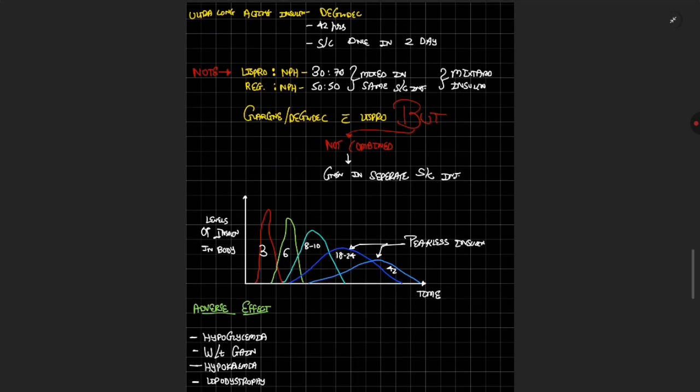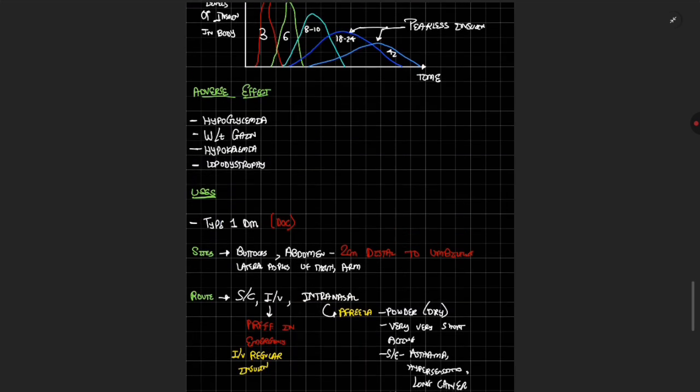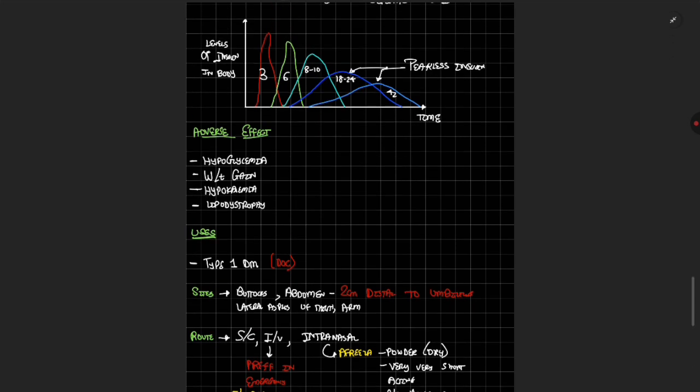We saw the fixed dose combinations, given in the same syringe as the same subcutaneous injection: lispro and NPH in a 30:70 ratio, and lispro with regular insulin and NPH in a 50:50 ratio. Then we saw the graph plotting, which is very important, and the concept of peakless insulin.